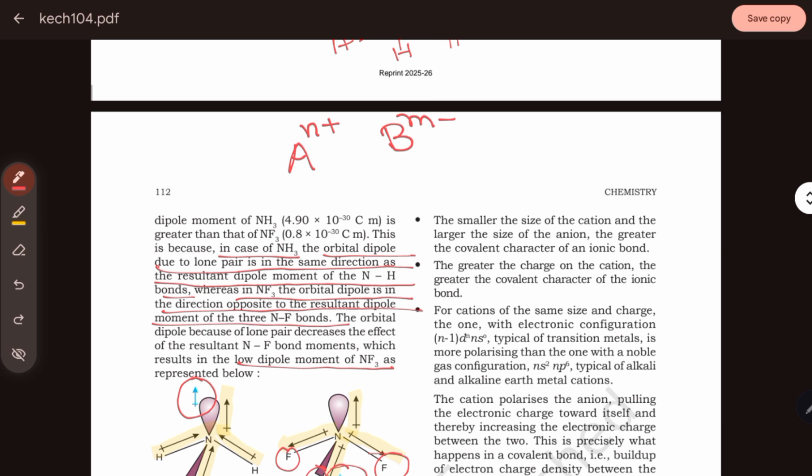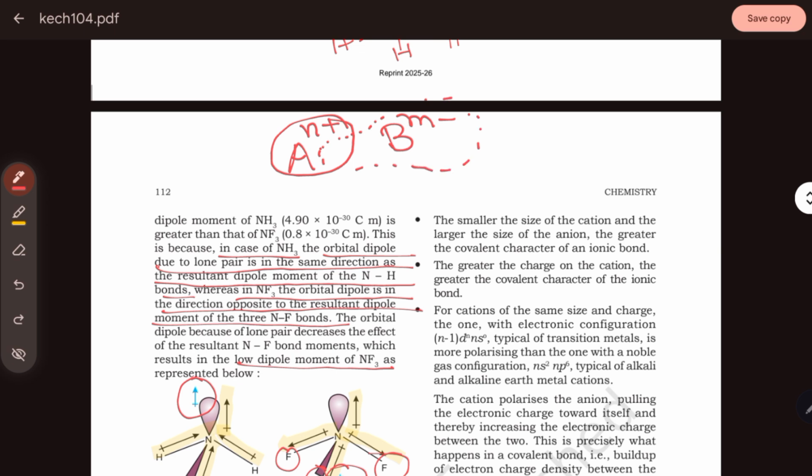Now, the cation has a positive charge. That means the nuclear force is exerted over the other anion next to it, the counter ion, for which there can be distortion of the electron cloud over B, the anion. B m minus is the anion.